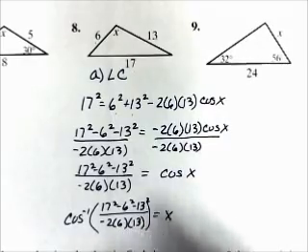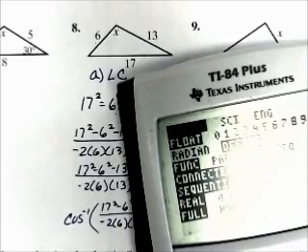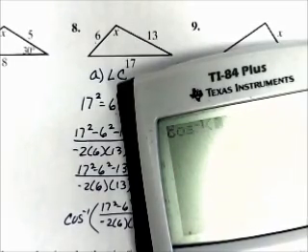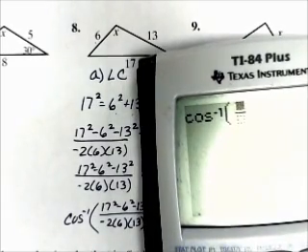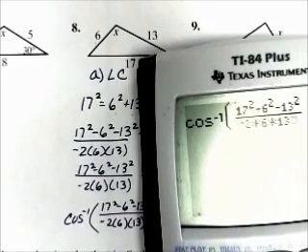And let's go to our calculator. Make sure you're in degree mode. So second cos of our fraction, 17 squared minus 6 squared minus 13 squared divided by negative 2 times 6 times 13.